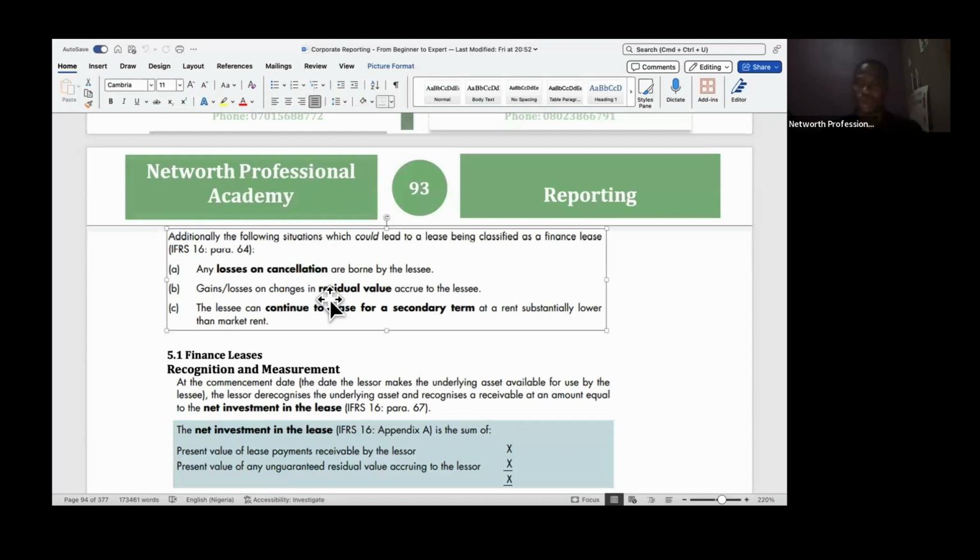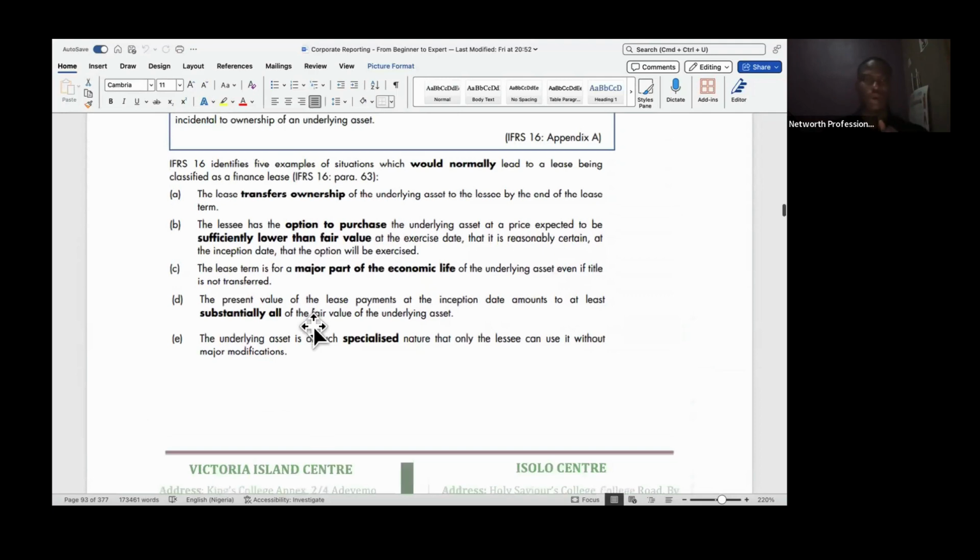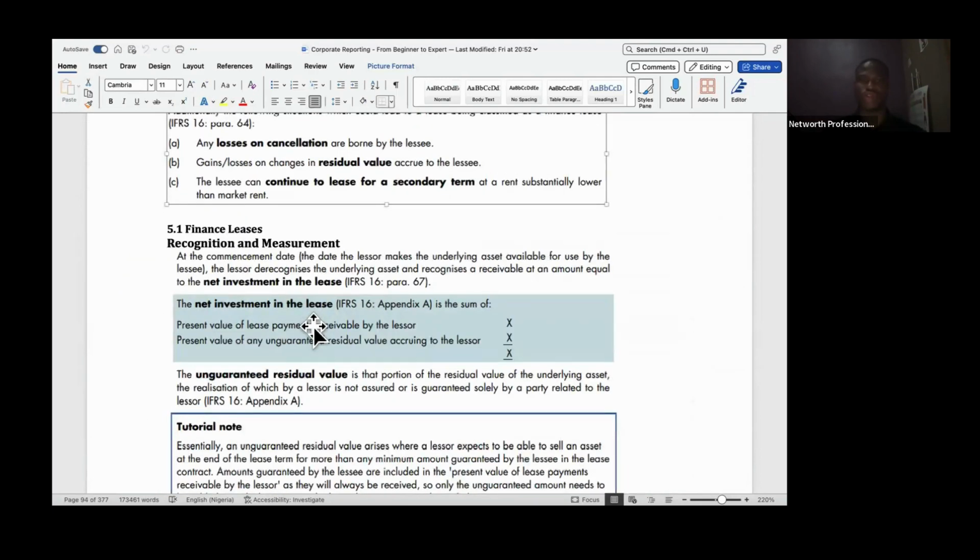That will even happen only if there are changes in residual value. And the lessee can continue to lease for a secondary term at a rent substantially lower than market rent. So these three, I'm not really a fan of them, and most likely you will not find these ones in your exam. It is those upper five that are germane that you need to ensure you know. Okay, that's a description of a finance lease that shows that substantially all the risk and reward has been transferred. And the way you know that risk and reward has been transferred is those five.